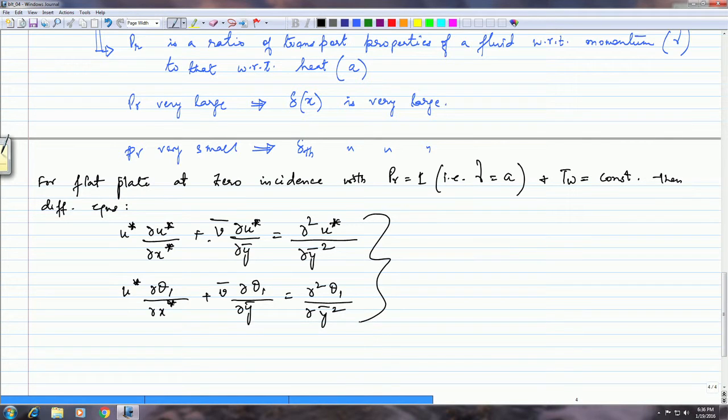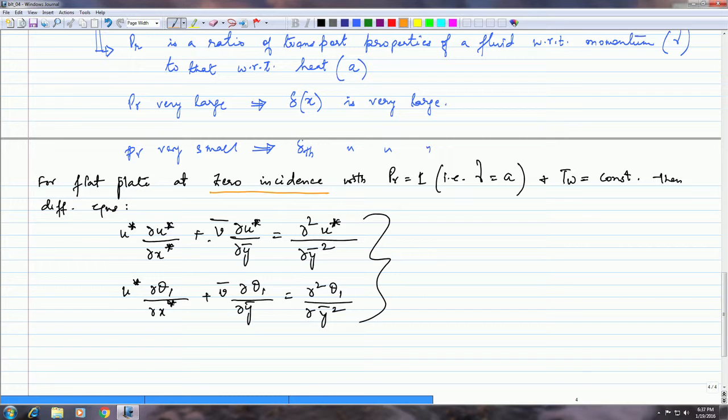So, this is for a flat plate at zero incidence, basically that the flat plate is kept in line with the free stream. It's aligned with the free stream. The Prandtl number is 1, right, and the wall temperature is constant, right. Then the differential equations turn out to be like this, okay.